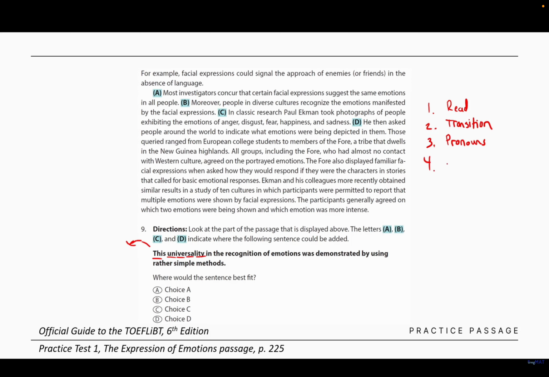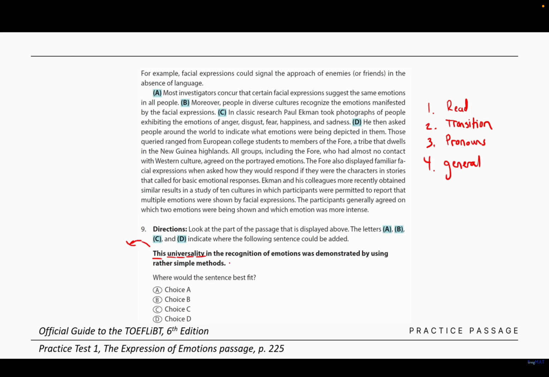Number four, ask yourself, is this a general idea? Like something could come after this? What do you think? Yeah, it's a general idea. What would come after this? So we know universality goes before.